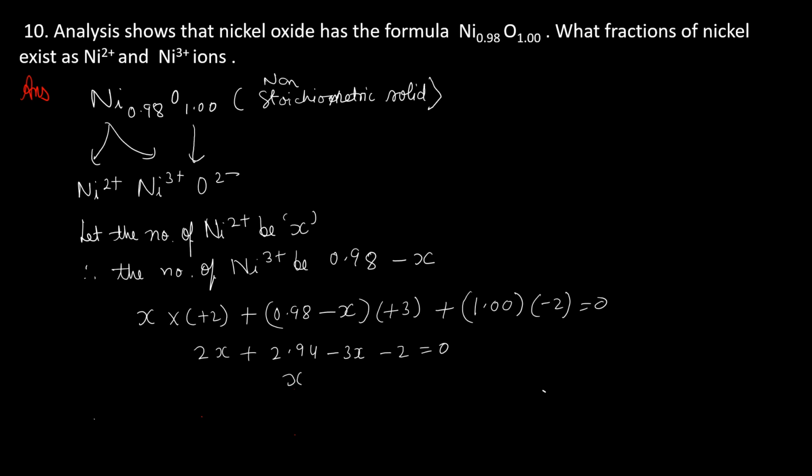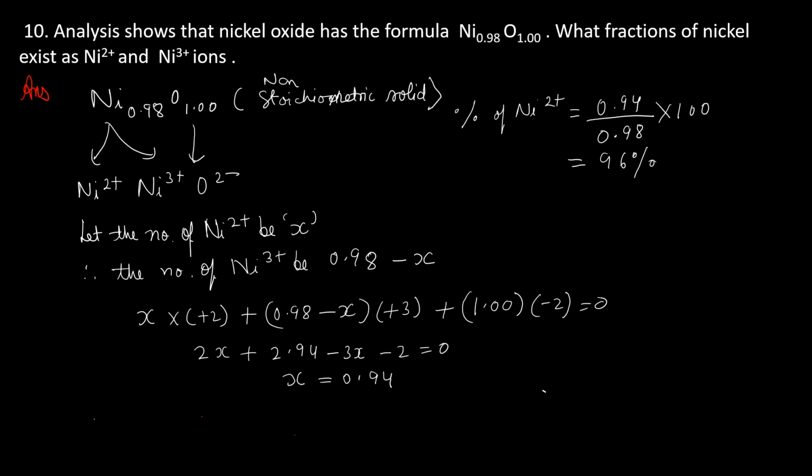So x is equal to 0.94. So the total number of nickel 2 plus ions is 0.94. So the percentage of nickel 2 plus ion will be 0.94 upon the total nickel ions, 0.98, into 100. When you solve it, it comes out to be 96%. So nickel 2 plus ion in this crystal is 96%.